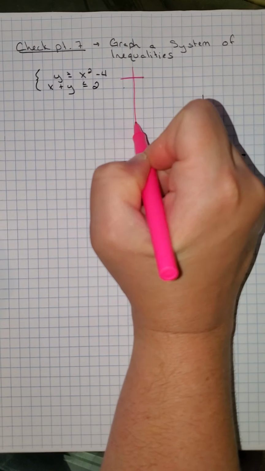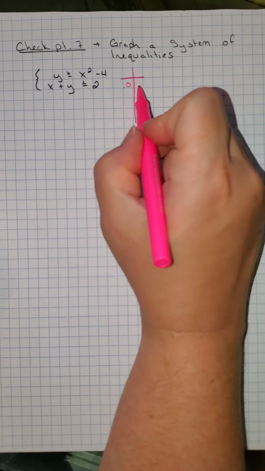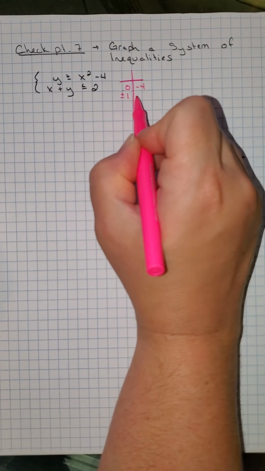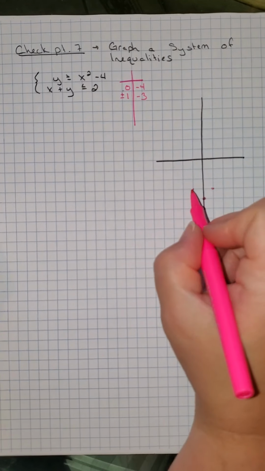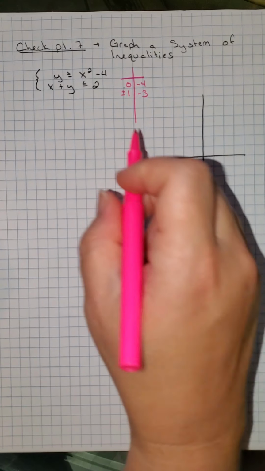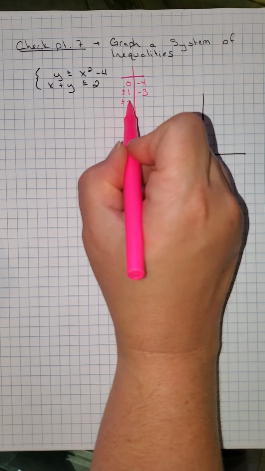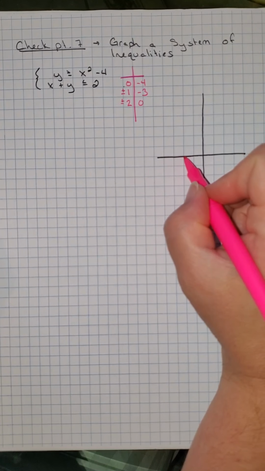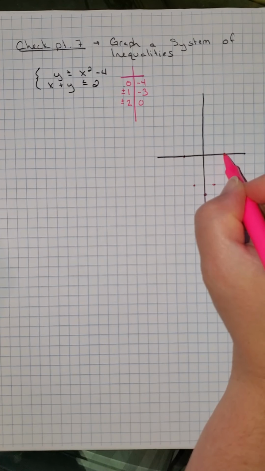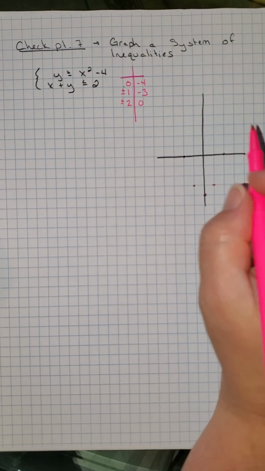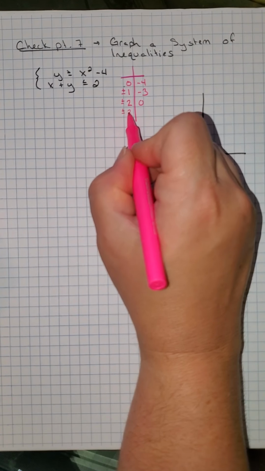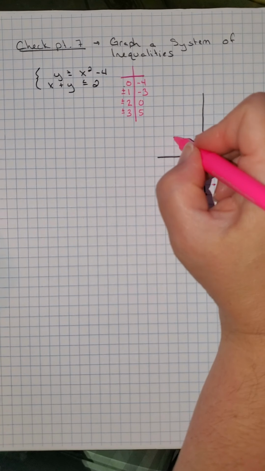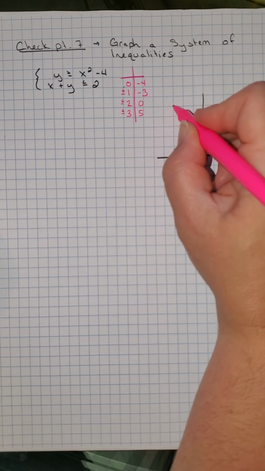So I'm just plugging in points starting with 0. Negative 4, positive or negative 1 gives us negative 3. Positive or negative 2 will give us 4 minus 4, which is 0. Positive or negative 3 would be 9 minus 4, which is 5. That should be enough.